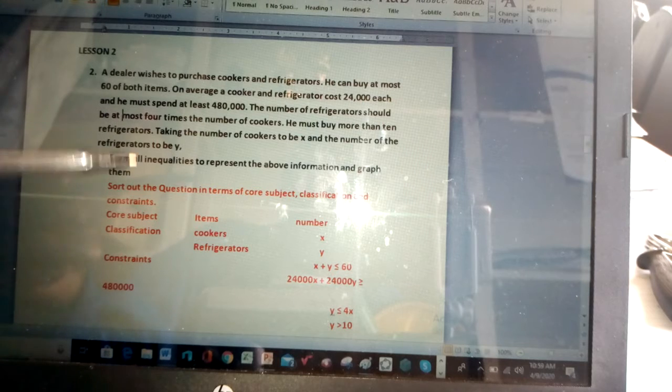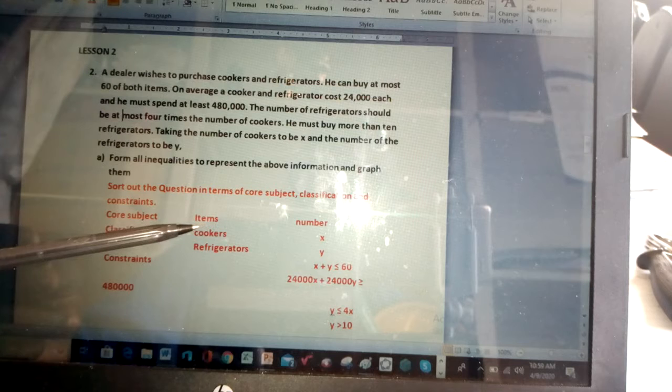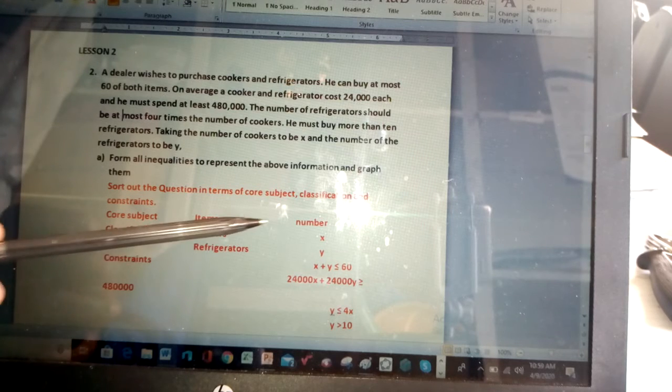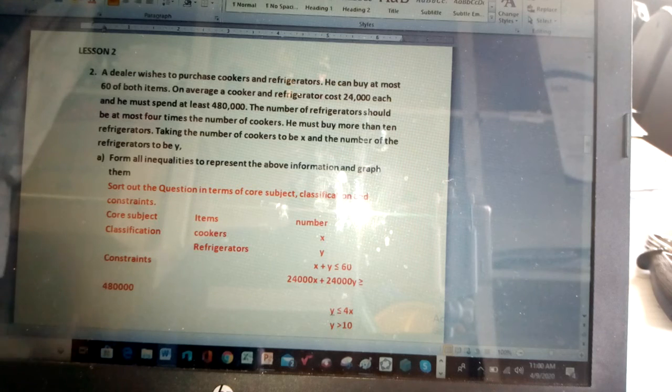Okay? Now, I classify. What are the items? Cookers and refrigerators. According to the question, the numbers are X and Y. See that? It flows by itself. We come to constraints now.